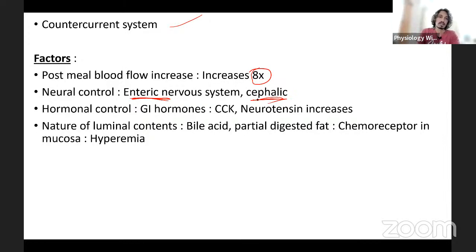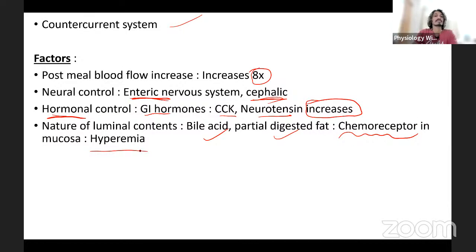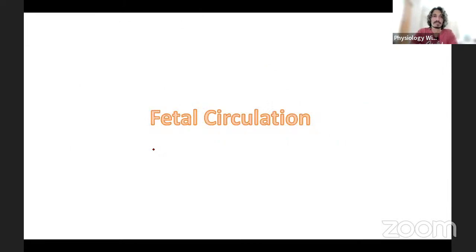Or hormonal involvement, where GI hormones like cholecystokinin and neurotensin can all increase it. Even the nature of the luminal contents, like bile acid and partially digested fat, can be detected by chemoreceptors, which can result in hyperemia in that area. Okay, so these are all different factors which affect the splanchnic circulation specifically.